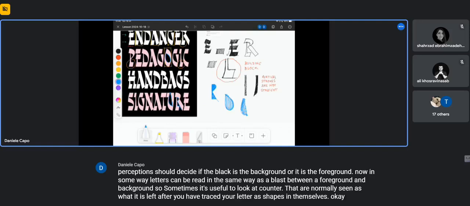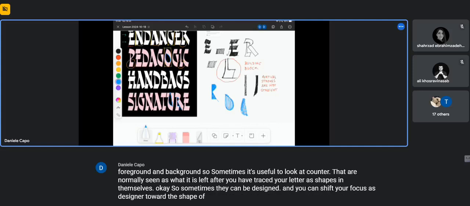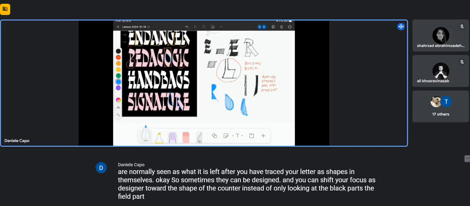Sometimes they can be designed, and you can shift your focus as a designer toward the shape of the counter instead of only looking at the black part, the filled part of the letter.